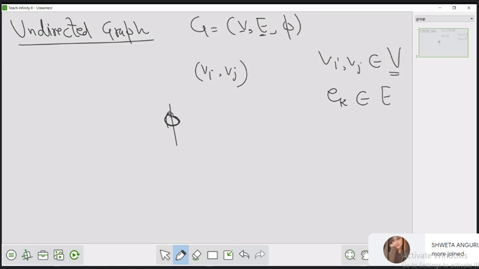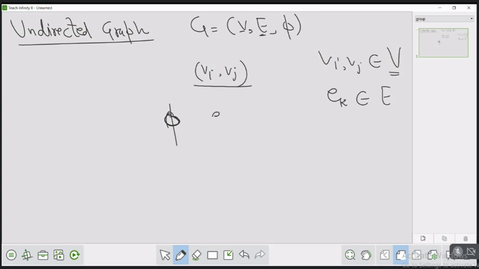So phi is a relation between these pairs which gives the edge. Basically, the relation between a pair of vertices gives the edge.